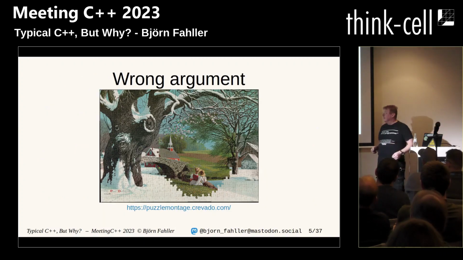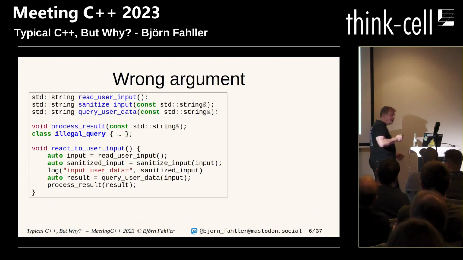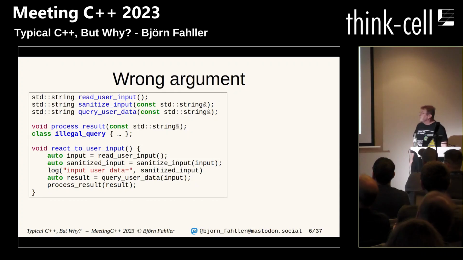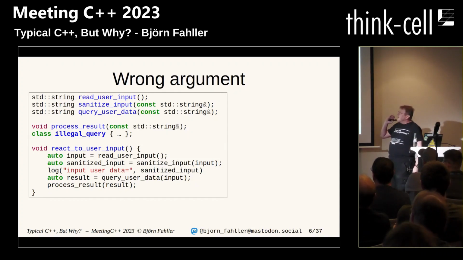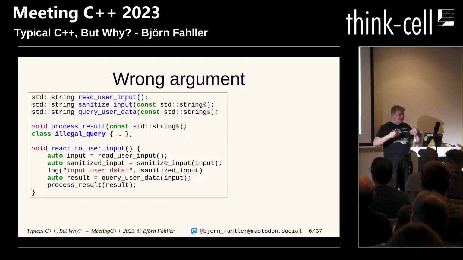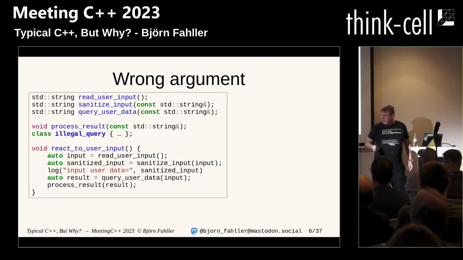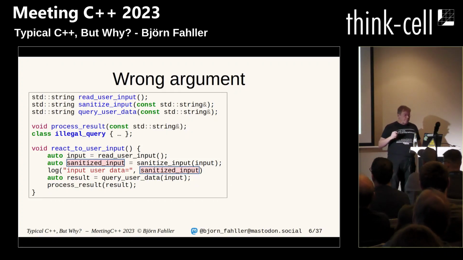So let's dive into one of my favorite examples, the wrong argument. So we have here some software that reacts to some kind of user input, queries a database probably based on that input. But we have a problem here.